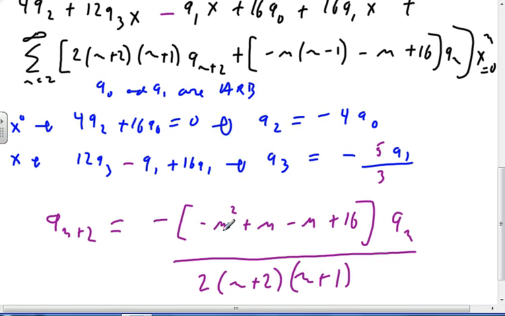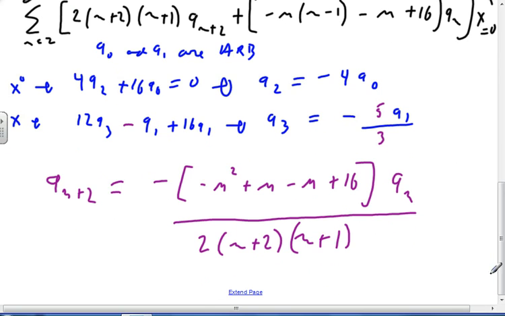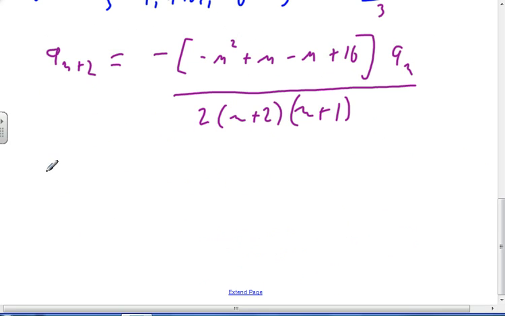So that's going to be n squared minus 16, which factors as n plus 4, n minus 4. But that's nothing that I have down here, so I'm totally hosed. And I have to keep it the way it is.